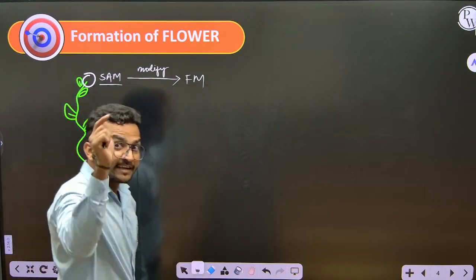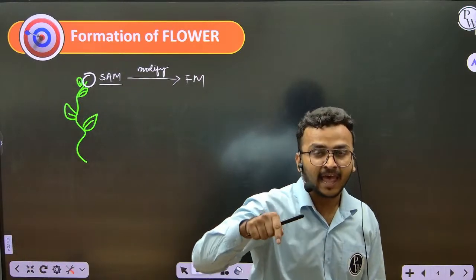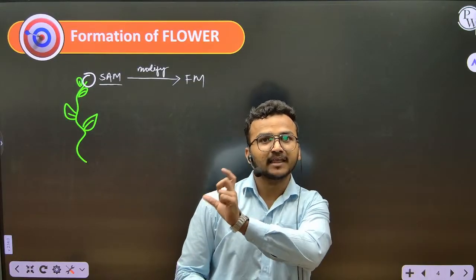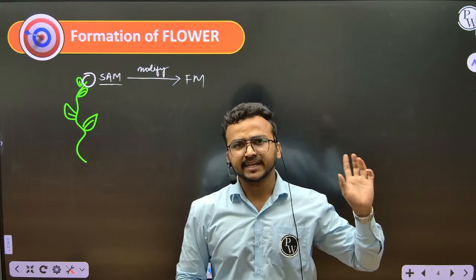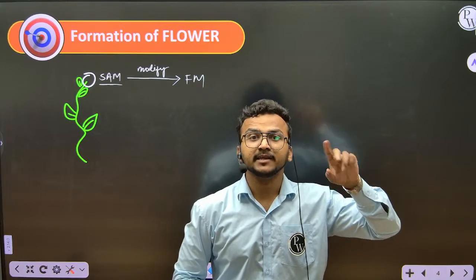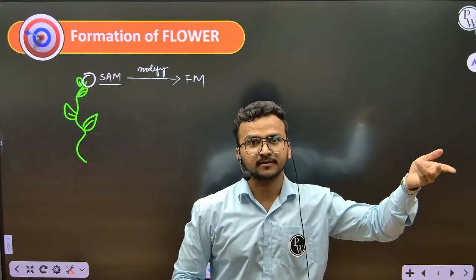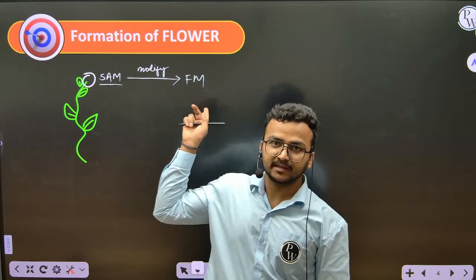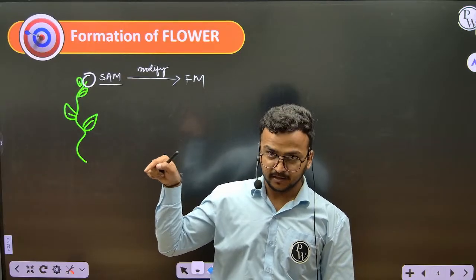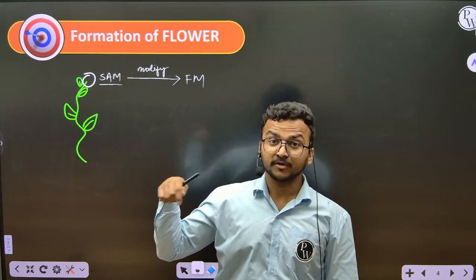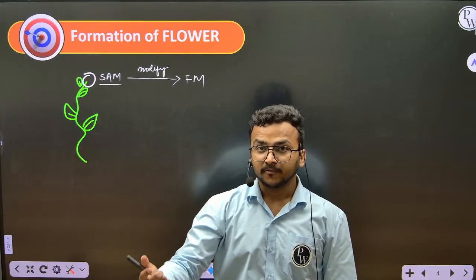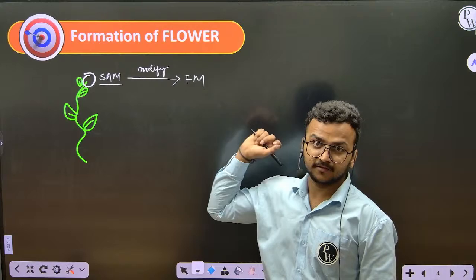Means it still has dividing capacity. See, meristematic cells have a tag, that they are continuously undergoing division. So keep in your mind that it is the floral meristem. Floral meristem in the sense, the flower is going to form from these meristematic cells.